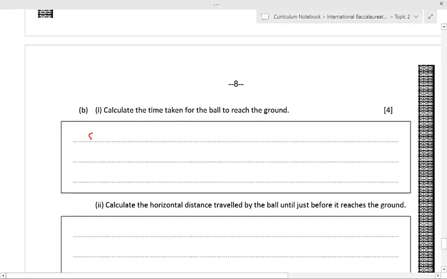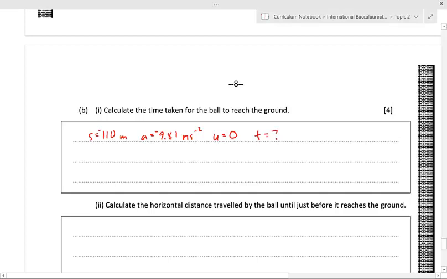So we can say s equals negative 110, a equals negative 9.81 meters per second squared, using the same sign conventions we've been using. It's going to fall downwards 110 meters, that's negative, and accelerate downwards at 9.81 meters per second squared. We also know that u is 0, and we want to find time.